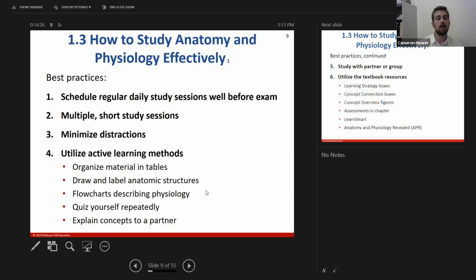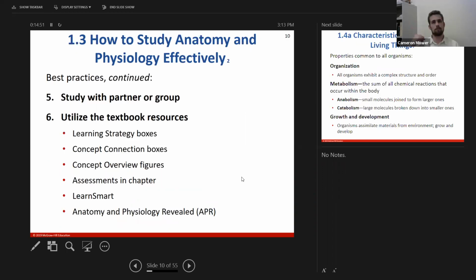You're in the Valley, you might be in Flagstaff, you might be all over, and some of you are even outside of the state. But if there are people in our class that you live near, please put together some sort of a study group. It's going to help a lot because you're going to have somebody that you can teach to and somebody that can teach to you as well. Study with a partner or group.